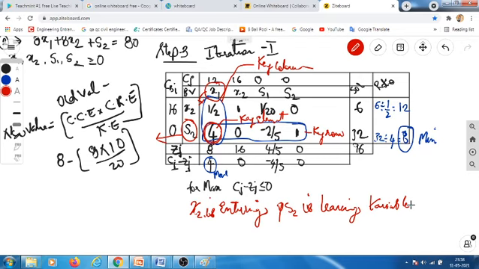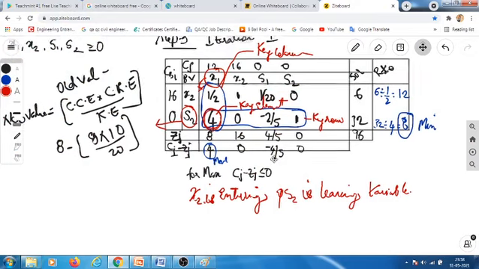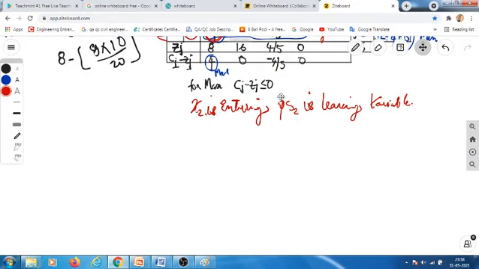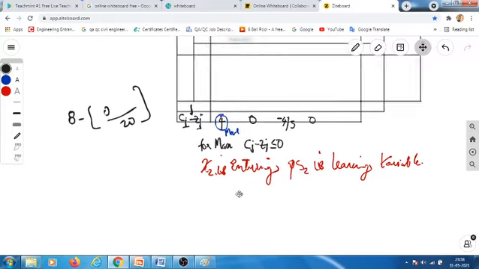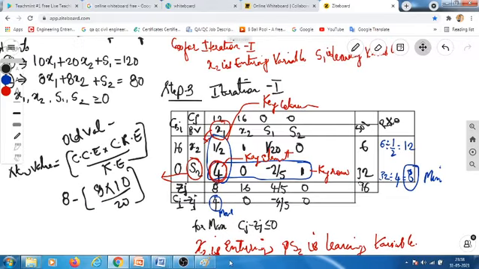The next step, step 4, is nothing but performing iteration 2. Which step do we have after step 3?